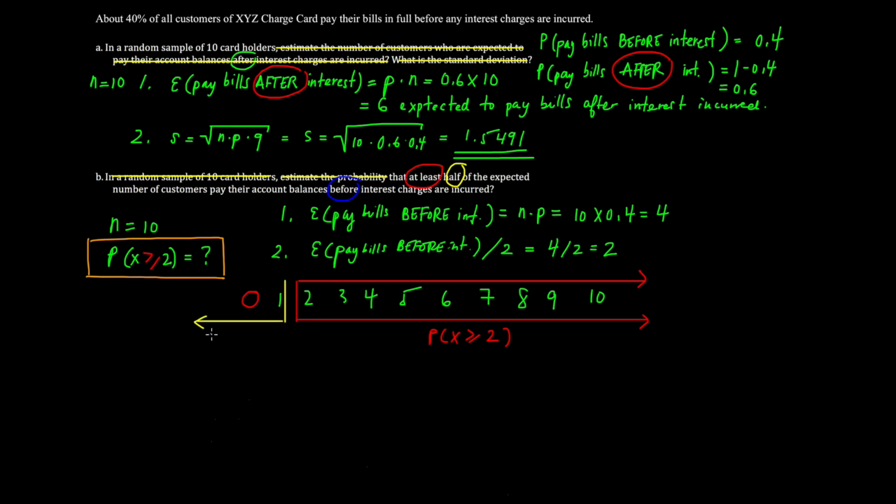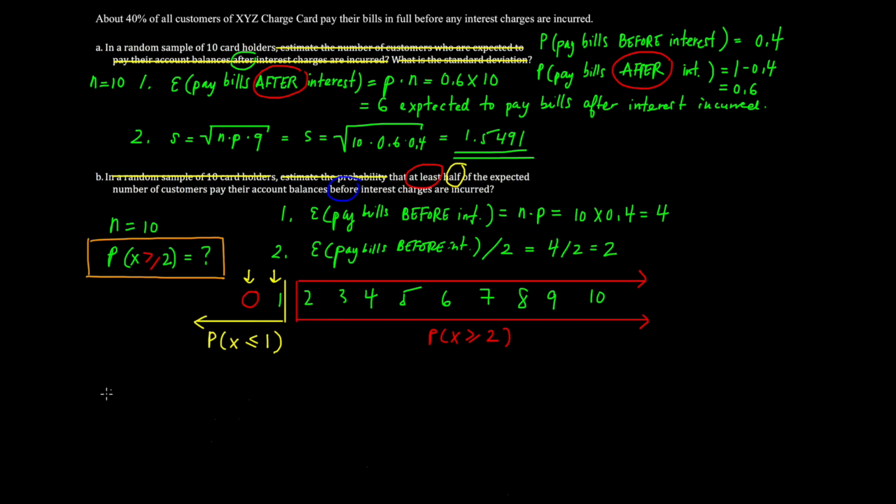And this right here is what? The probability of x being less than or equal to 1, right? And this implies calculating just 2 binomial formulas. And then in order to get the complement, we simply do 1 minus this. Okay, so let's go ahead and do it and you'll see what I mean.